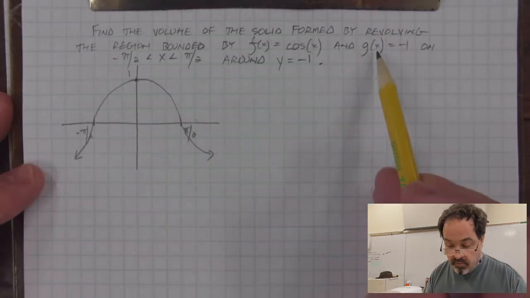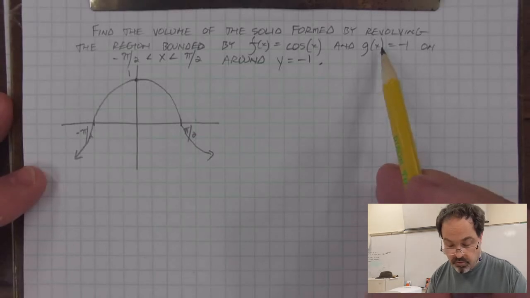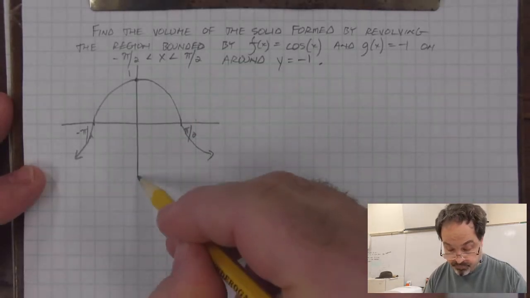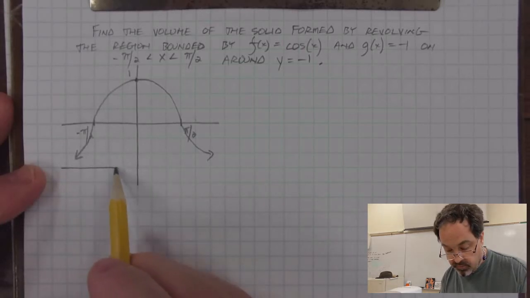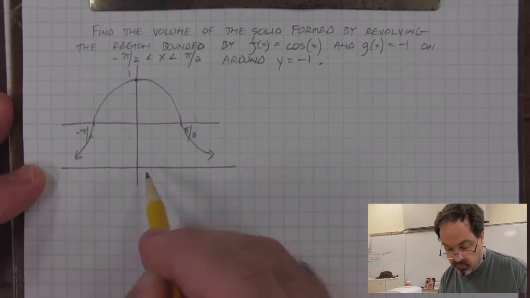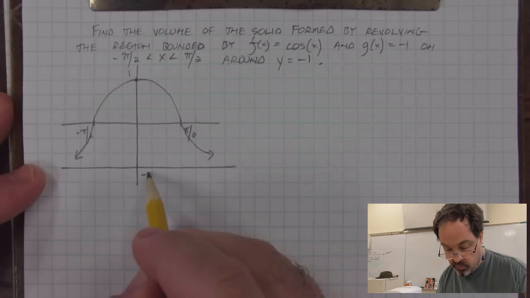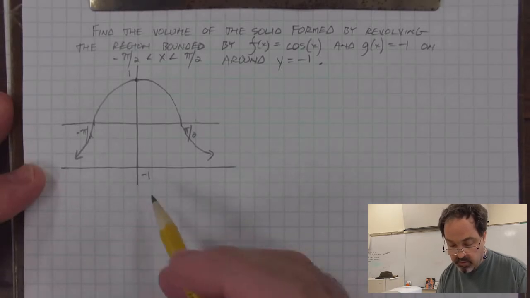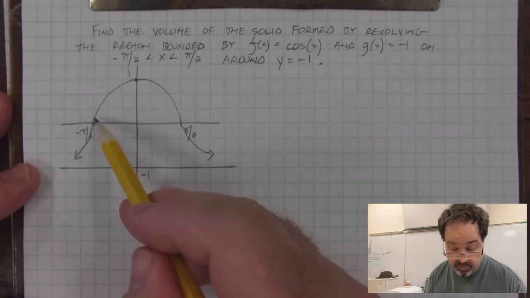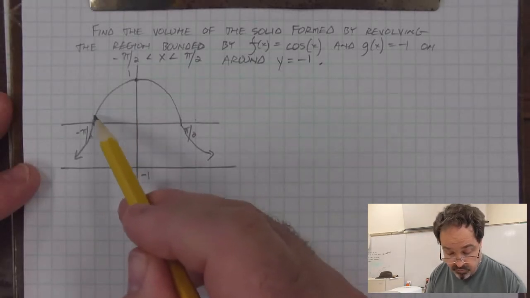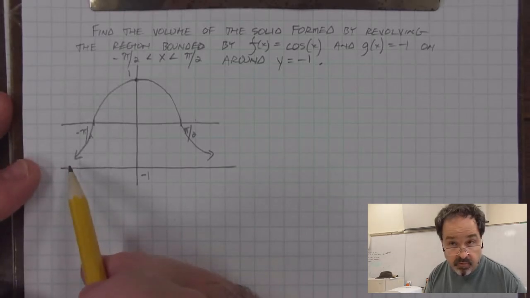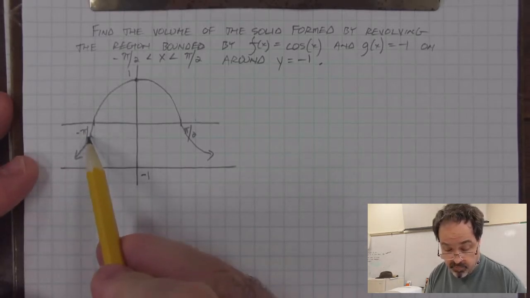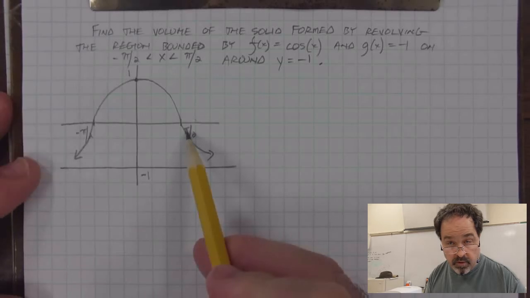I also have the constant function g of x is equal to -1 to constrain the region. The constant function g of x is -1 is a horizontal line at y is equal to -1. And now technically the cosine function will intersect this line outside of the interval from negative pi over 2 to pi over 2.